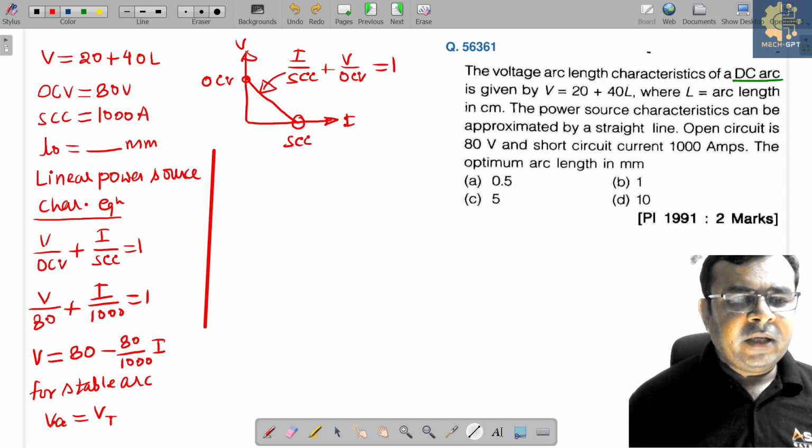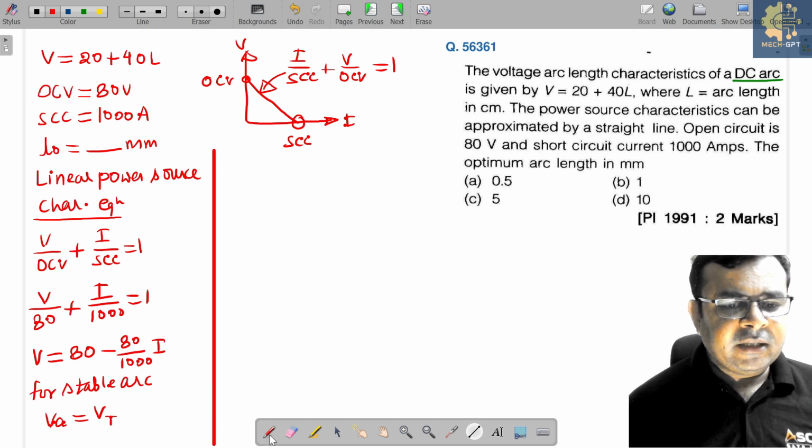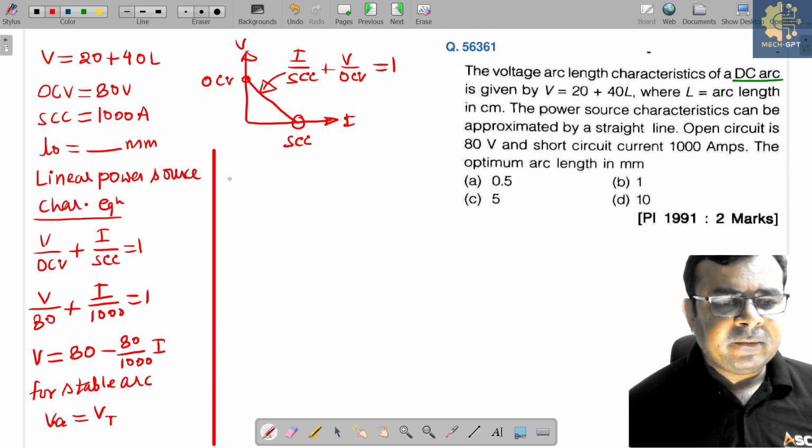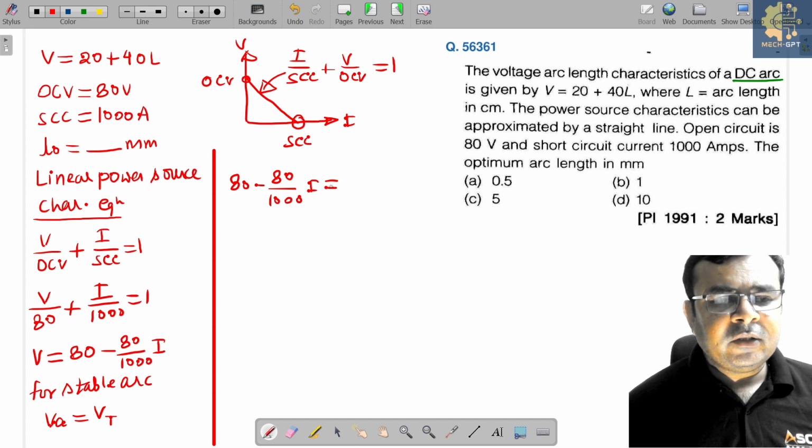So if we equate both the voltages, we get 80 minus 80 by 1000 I equals 20 plus 40 times L.